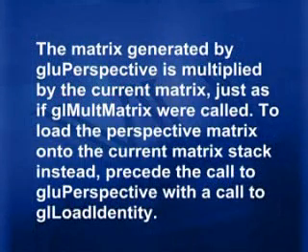The matrix generated by gluPerspective is multiplied by the current matrix, just as if glMultMatrix were called. To load the perspective matrix onto the current matrix stack instead, precede the call to gluPerspective with a call to glLoadIdentity. So typically when we call gluPerspective, the matrix that it generates is multiplied by the current matrix, whichever it may be.